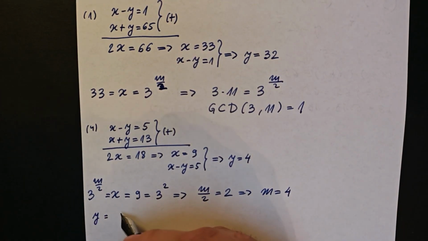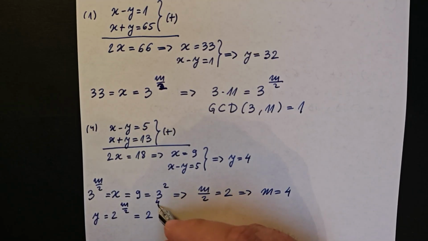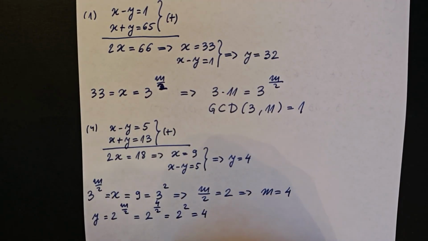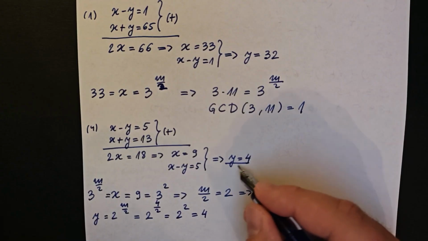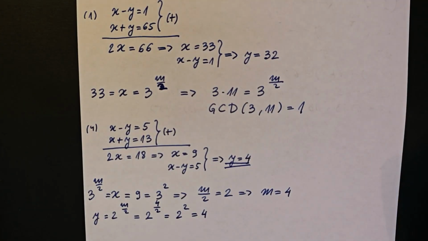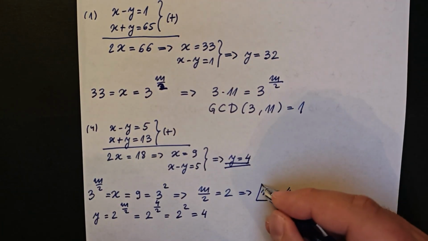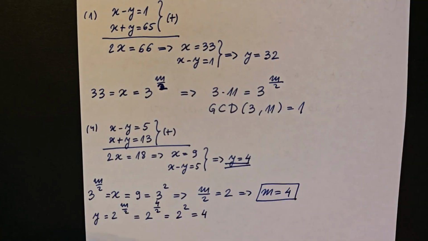Y was defined as 2 to the power m over 2, and that is equal to 2 to the power 4 over 2, so 2 squared, and that is going to give us 4. We got that y is equal to 4, and that means that m equals to 4 holds true in this case. As m holds true for y also, we have a final solution of our problem, and that is m is equal to 4.